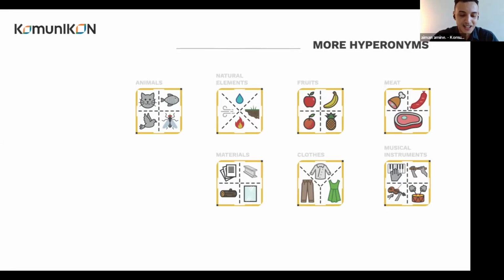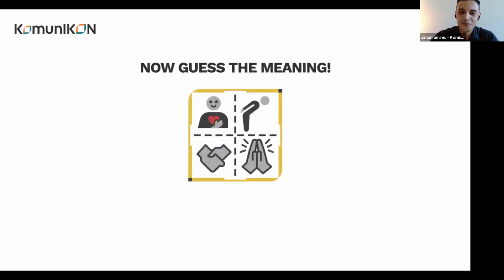Additionally, these icons allow us to convey one unified meaning through a collection of signs that may vary and be specific to each culture. Like this icono that I invite you kindly to guess in the chat. 10 seconds maximum.